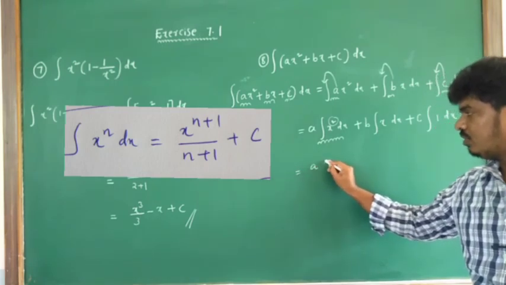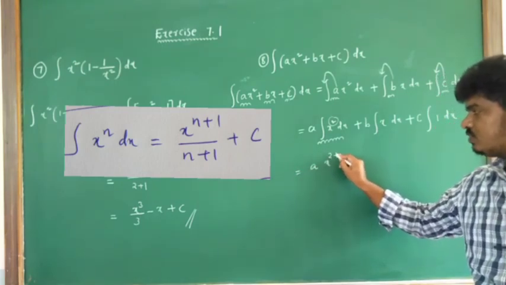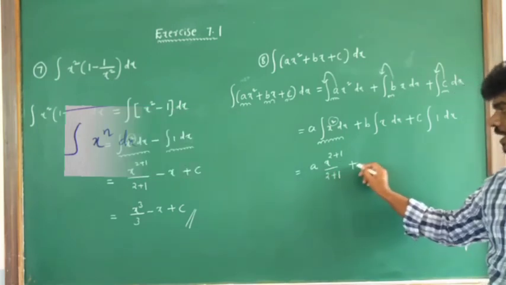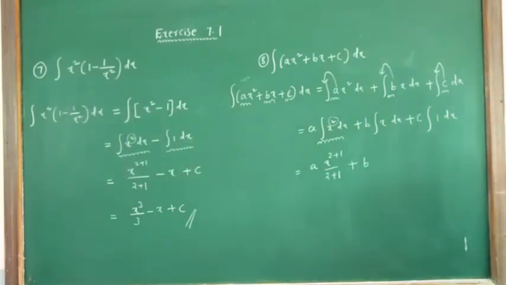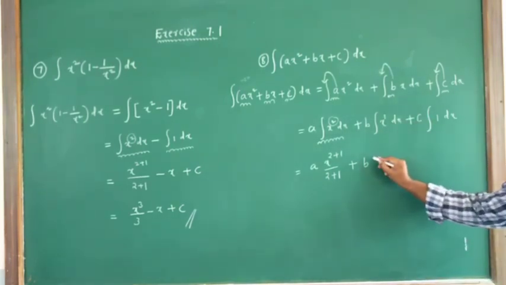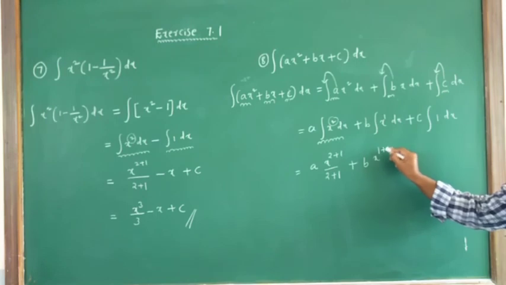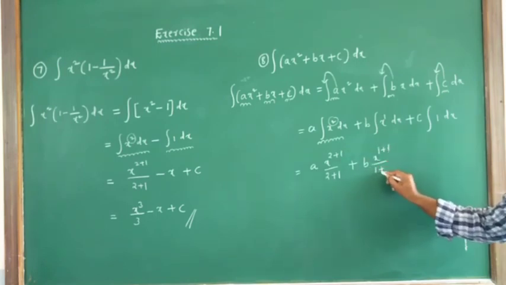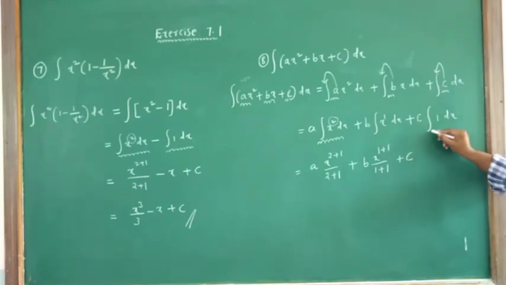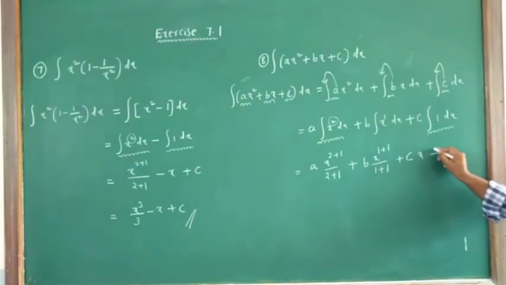So what we can write? A into x to the power of 2 plus 1 divided by 2 plus 1 plus b into, here x is having power 1. So what we can write? X to the power of 1 plus 1 divided by 1 plus 1 plus c into, here what is the integral of 1? That is x plus, I am going to take the arbitrary constant as some c1.